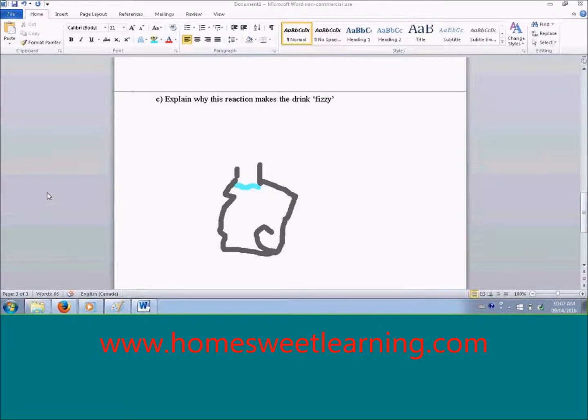But the gas, the carbon dioxide, has less density, so all the molecules are going to flow out. That's what causes the fizziness: the release of pressure. All the molecules are floating around. And that's the reason why your drink gets fizzy when you open the bottle.